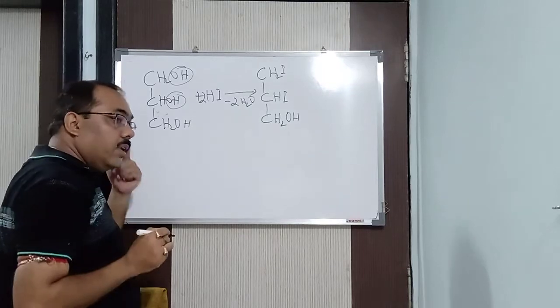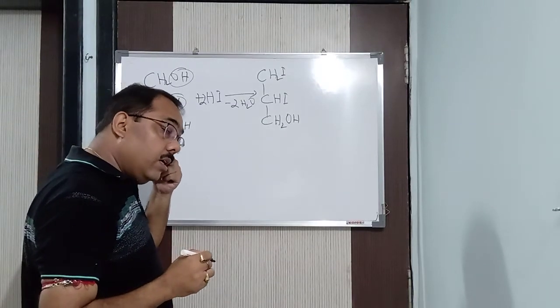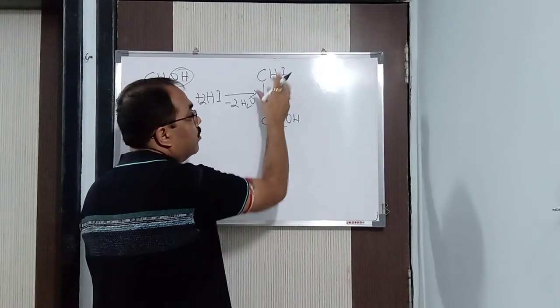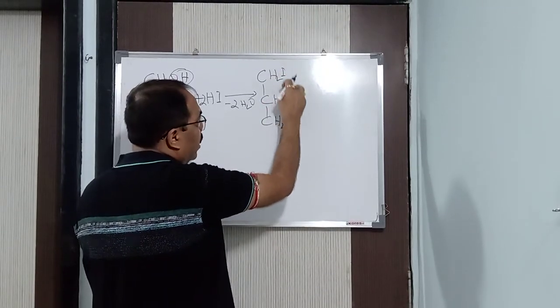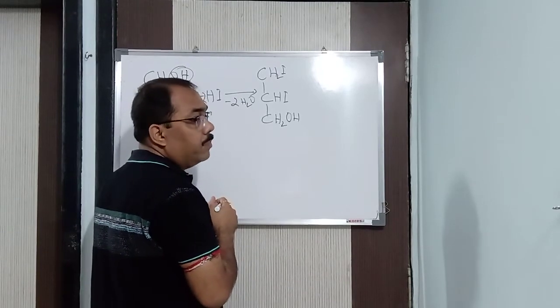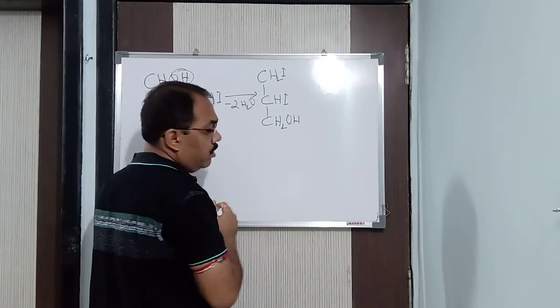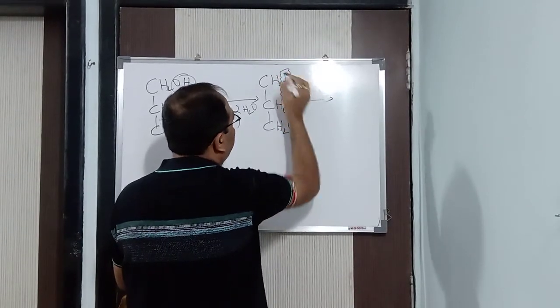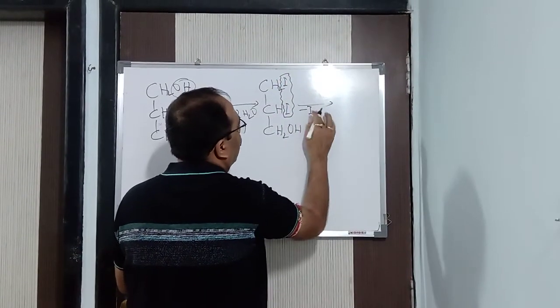Now look here, iodine is a bigger atom, chlorine is smaller compared to iodine. So when these 2 bigger atoms come closer to each other, they will repel one another. Steric hindrance will be there. Hence, these 2 iodines will be released, minus I2. And what will I be getting?